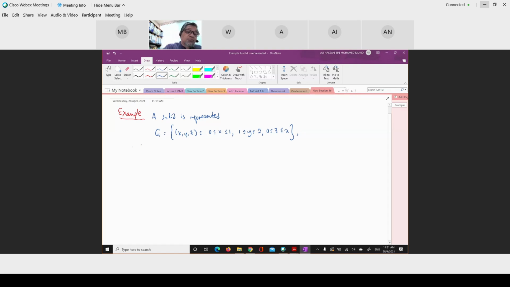We integrate only with respect to x. Here x has limits 0 and 1. Substituting x equal to 1, we get 1 plus yz over 2, and when x is 0, it is 0.